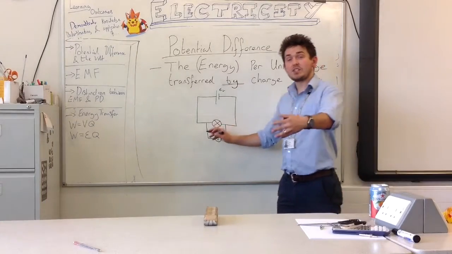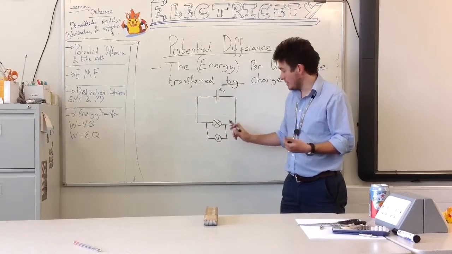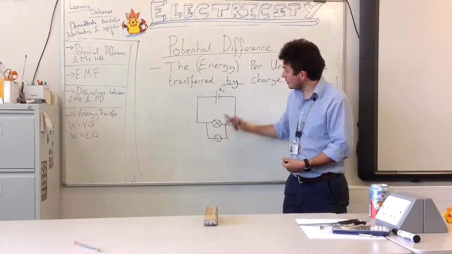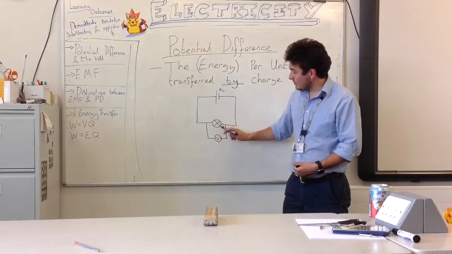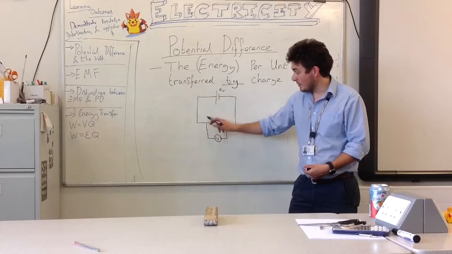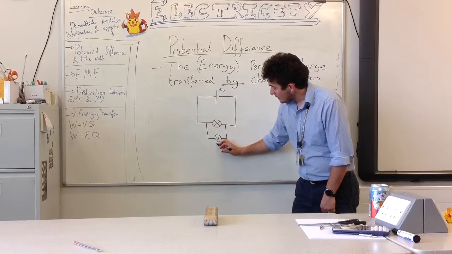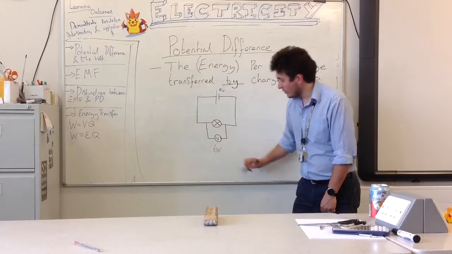When they've finished after the bulb, there's nothing else in the circuit, they've used up all their energy, they have 0 potential. So if we wire a voltmeter properly like that in parallel around our component, we imagine that the potential difference here should be 6 volts.